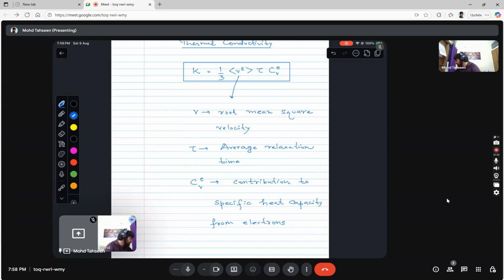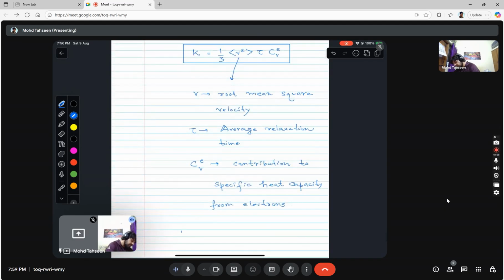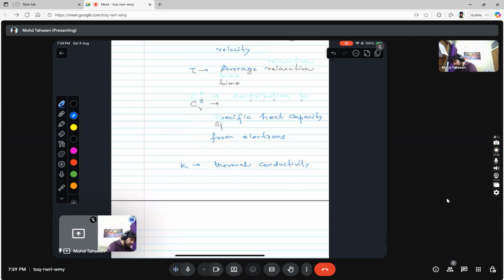Okay, so if we compare it, so what is the K? Sorry, we forgot to define K, which is the important parameter here. K is thermal conductivity. And what is thermal conductivity?